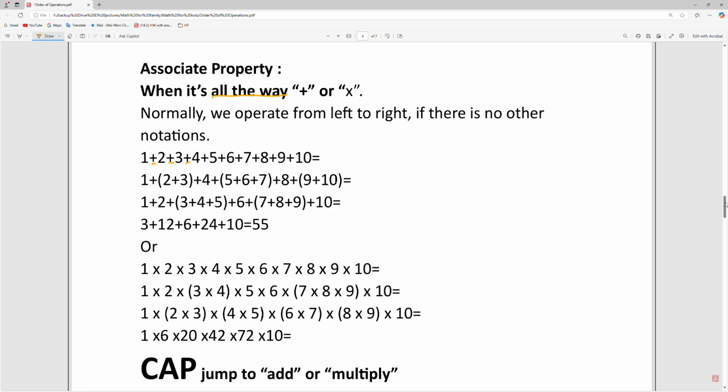No, only addition or only multiplication. In those cases, what does associative property mean? Without changing the order.